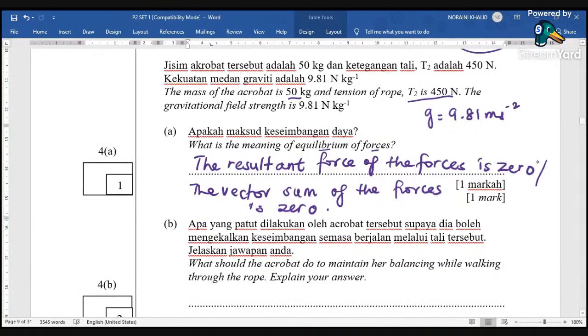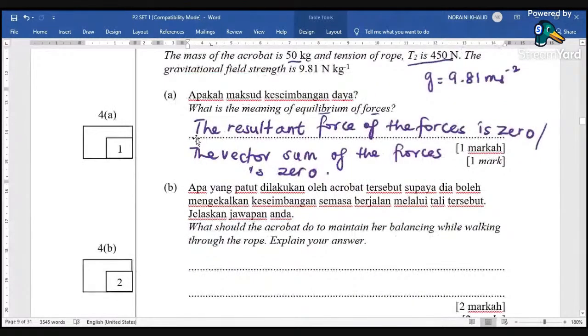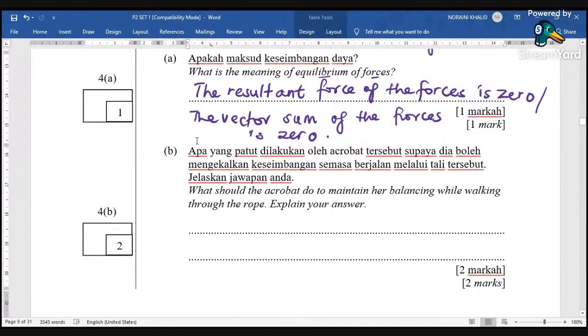What should the acrobat do to maintain her balancing while walking through the rope? Explain your answer. So you can suggest one method for the acrobat to maintain her balancing.